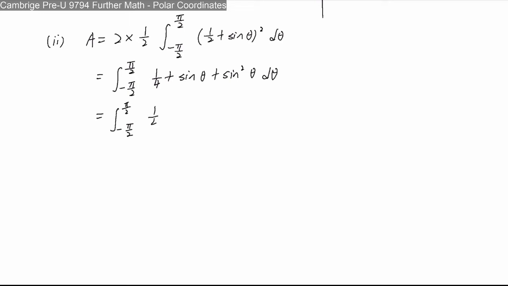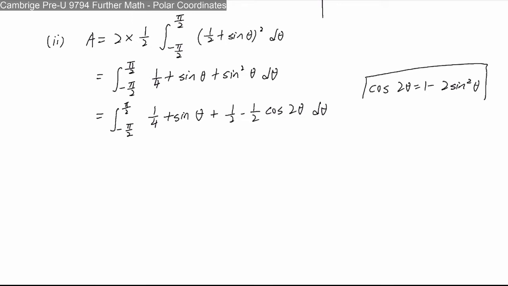After we change it, sine squared theta will actually give us half minus half cos 2 theta. This is based on cos 2 theta equals 1 minus 2 sine squared theta. So we just manipulate from there to get sine squared theta as the subject, then we can substitute that here.